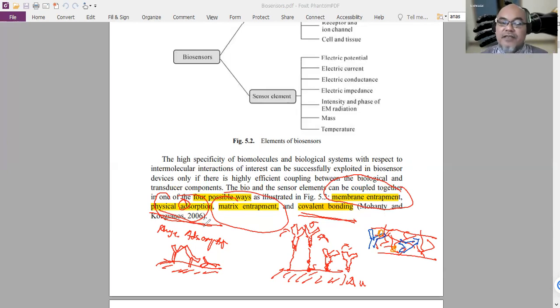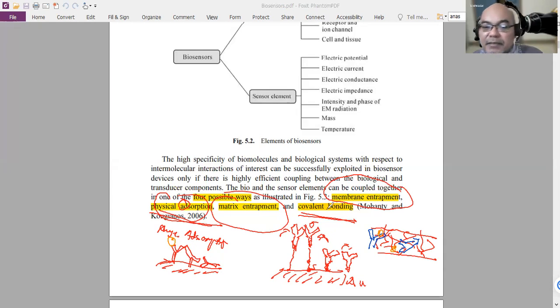This is different from physical adsorption, where any interaction between the antigen and antibody would most probably only happen where the reactive site, the Y site, is at the upper part. When it is at the lower part, or even to the side, it may be difficult for the antigen to react with that antibody due to the surface interaction.